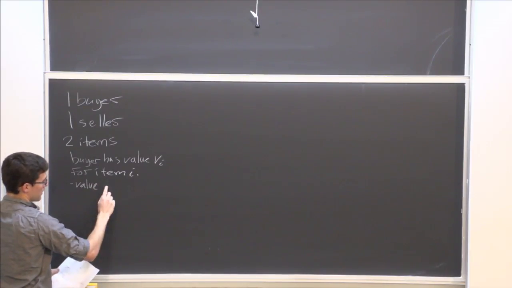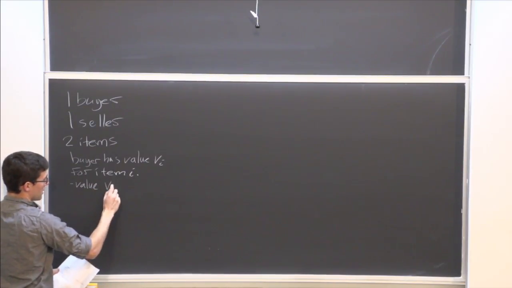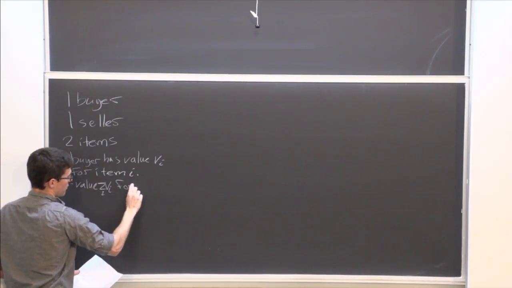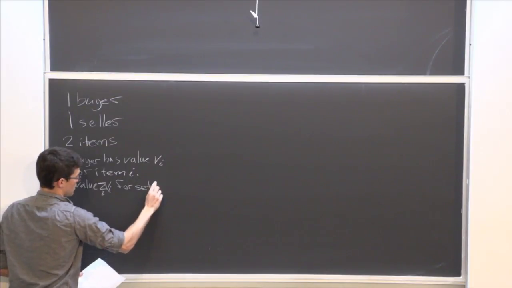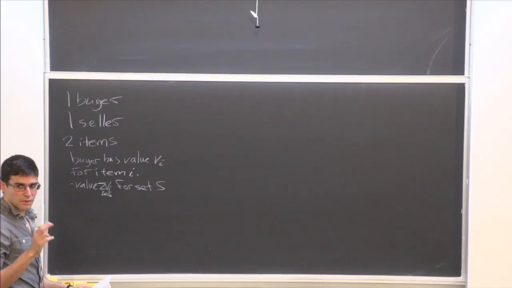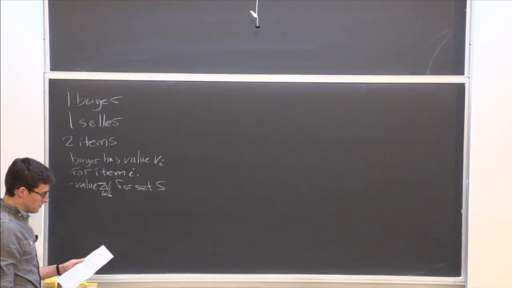I'll write this more generally than we need for 2 items: they have value sum over i in S of vi for a set S. So their valuation is just additive, or a linear function, over the items.